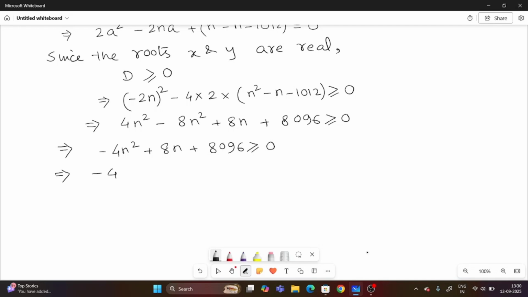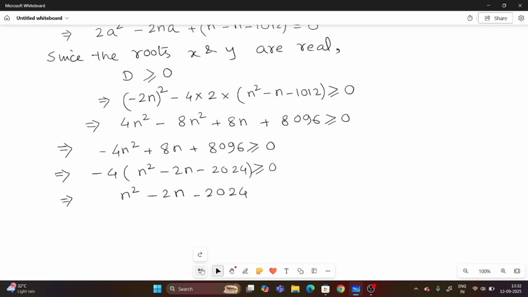Minus 4 is common. So n square minus 2n minus 2024 within bracket, greater than or equal to 0. So the final quadratic expression we get is n square minus 2n minus 2024 less than or equal to 0.